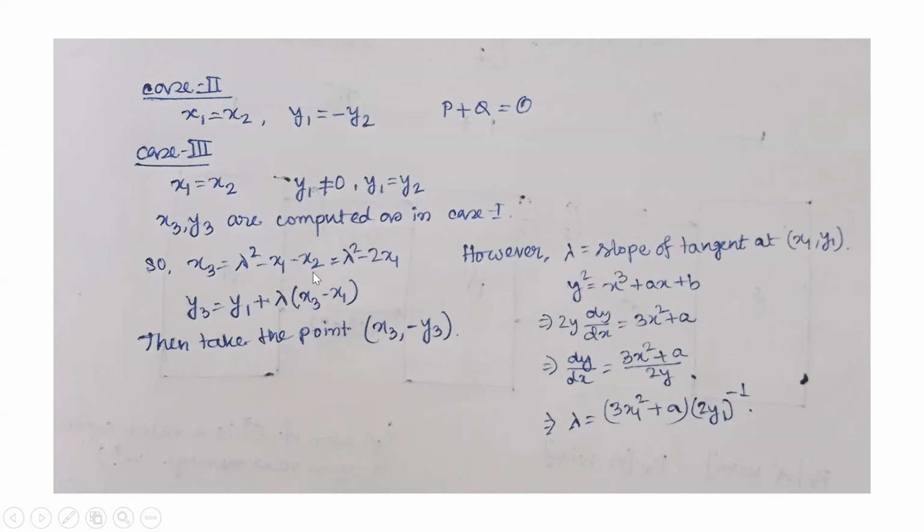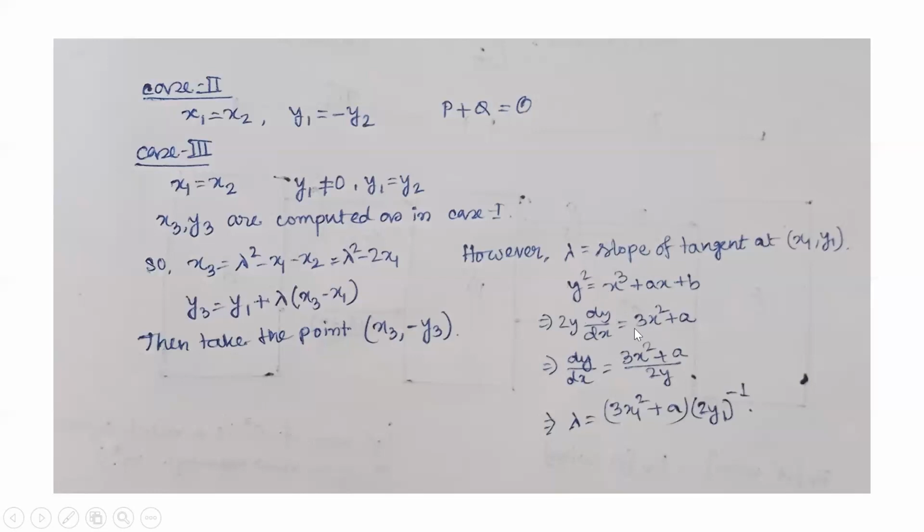And y3 is similarly computed, but for lambda, as you have basically the same point P, you cannot calculate the slope in the previous manner where you knew two points on the straight line. Here you know only one point on the straight line, so you can just compute the slope of the tangent through that point on the elliptic curve. The elliptic curve equation is y square equals x cube plus ax plus b.